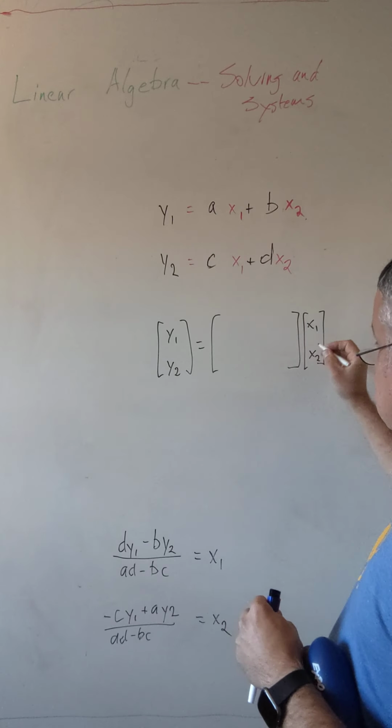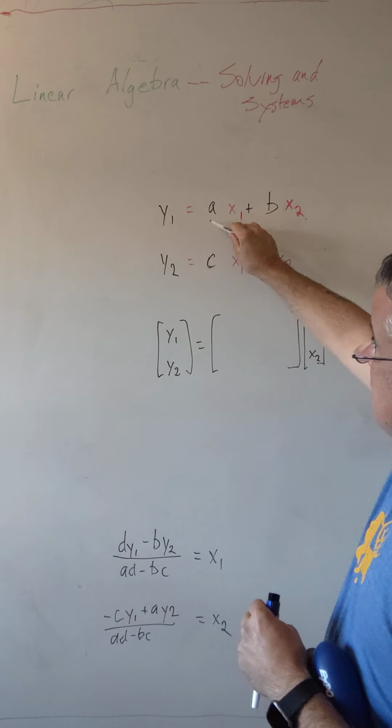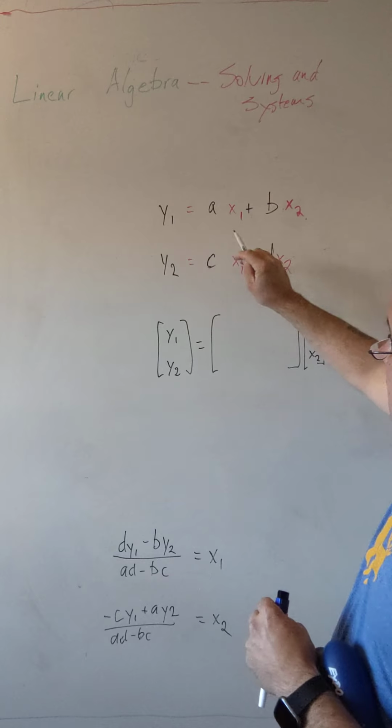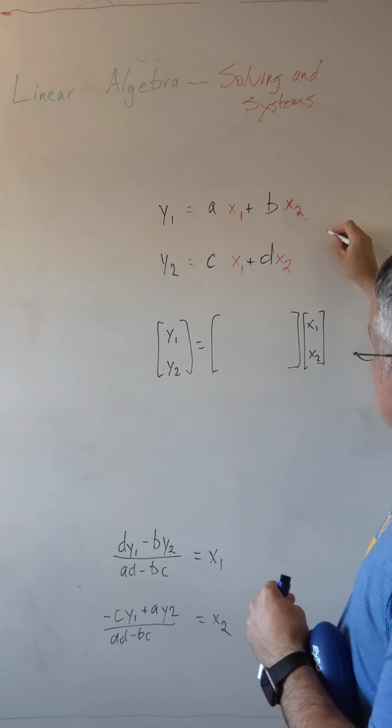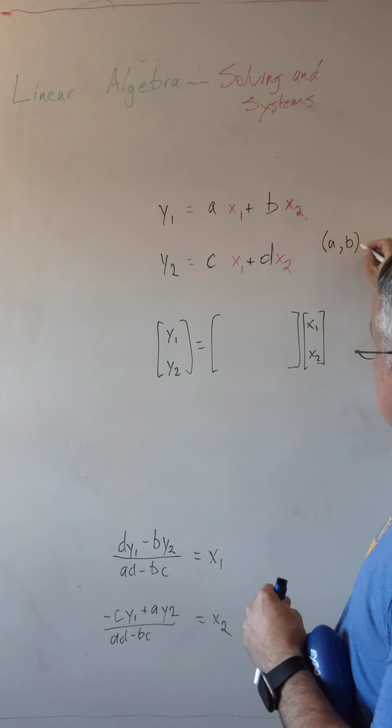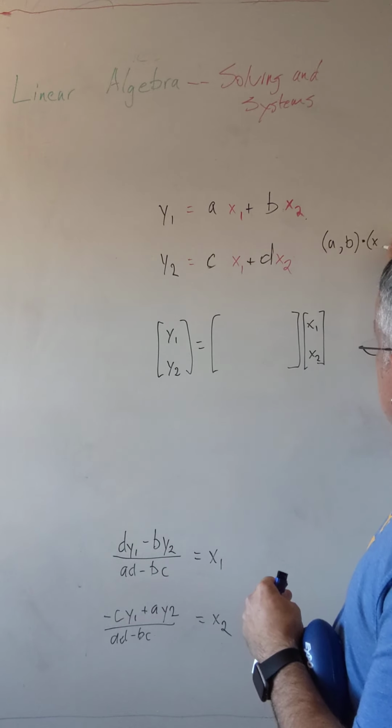Okay, so now we need to understand this. Each of these coefficients looks almost like a dot product, if you're familiar with that, of a matrix A, B dotted into x1, x2.